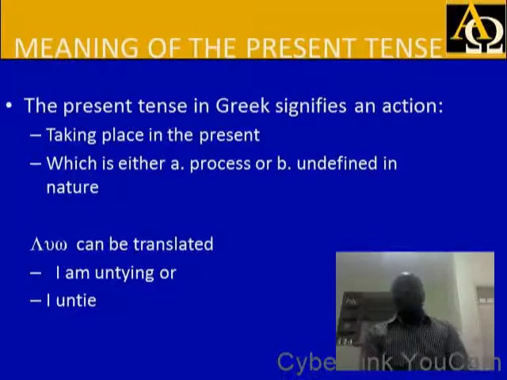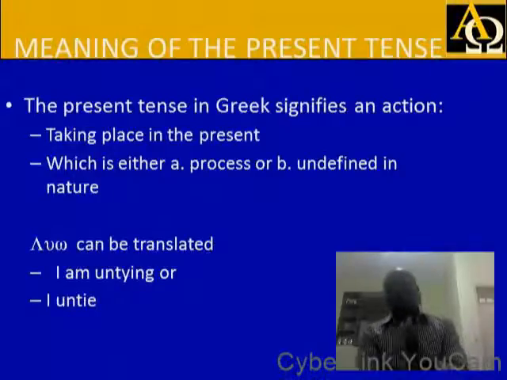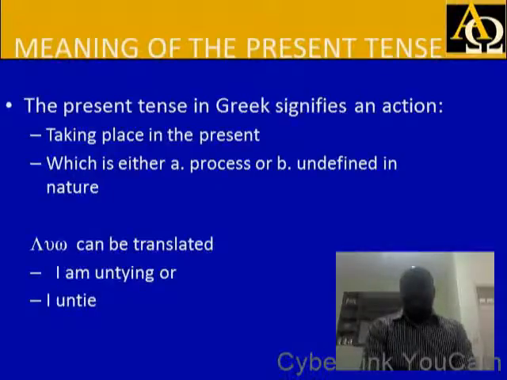Now, that listening can either be process or undefined in nature. Process means it's something you are doing over a period of time. So let's say you are listening to a Greek lecture, but we can also say you listen, and that's undefined. We don't know whether you were listening or you just listened. So the present tense can mean either of the two.